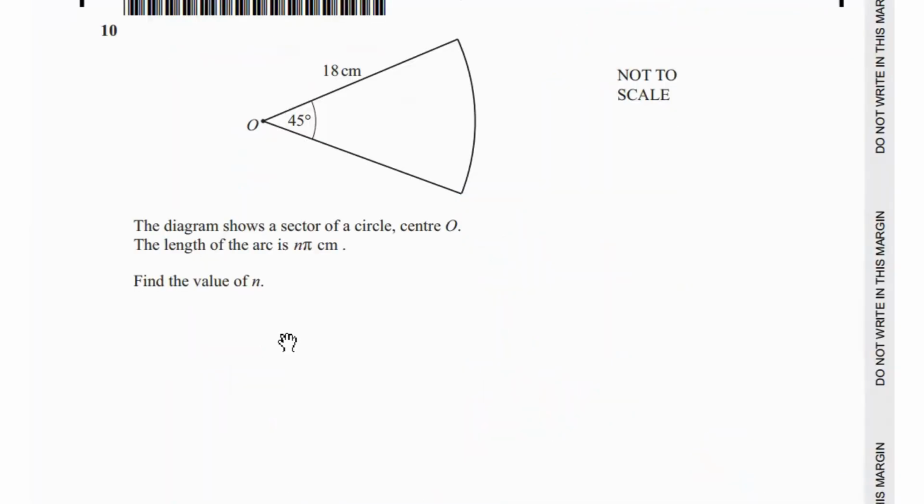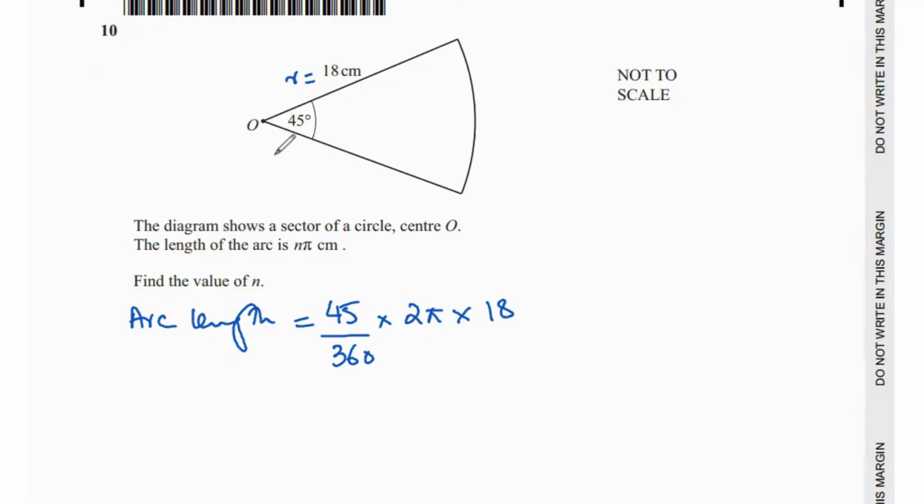Then it says the diagram shows a sector of a circle, center O. The length of the arc is n pi centimeters. Find the value of n. So for this, we use the formula for the arc length, which is angle over 360 times 2 pi r.